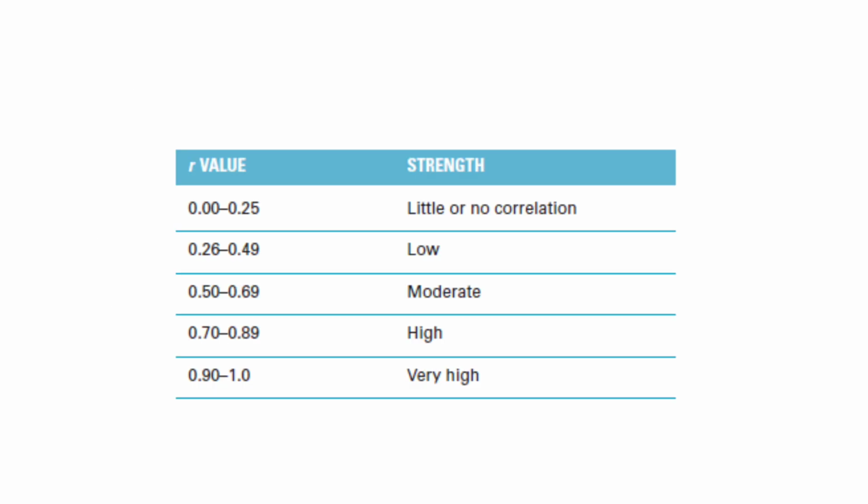These are the r values, and that will determine our strength of the study.